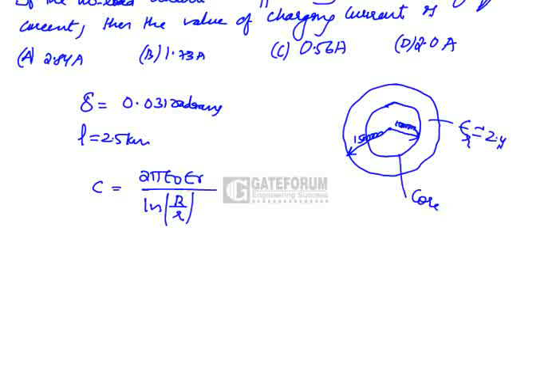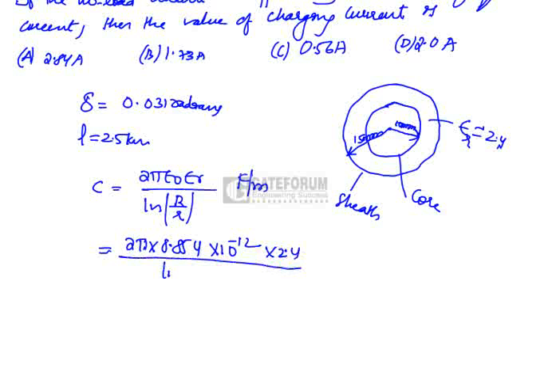This is in farad per meter. Now 2 pi into epsilon naught is 8.854 into 10 power minus 12, into 2.4 divided by ln(15 mm / 10 mm).